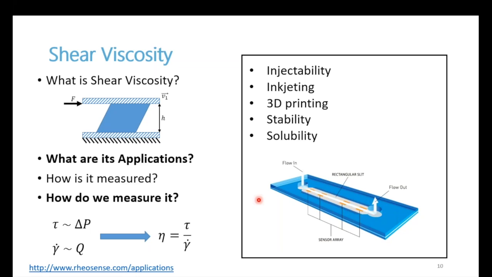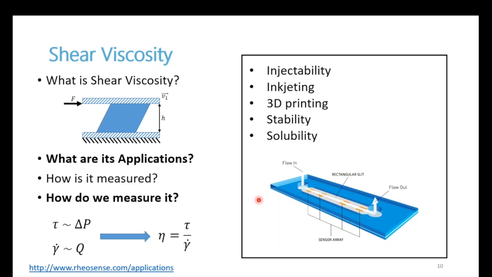So the first application that I want to discuss is injectability. You will use shear viscosity to establish the force required to inject, let's say, a given formulation into a patient. That's going to depend on the injection system and the needle that you're using, as well as the flow rate that you're using to inject that formulation if your formulation is non-Newtonian.